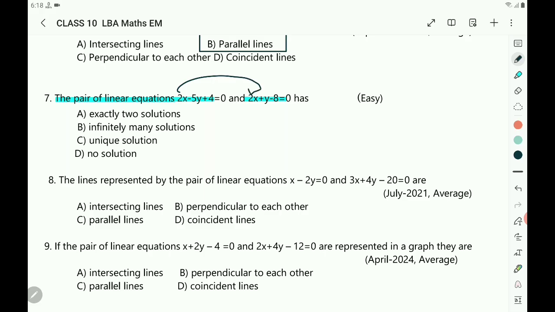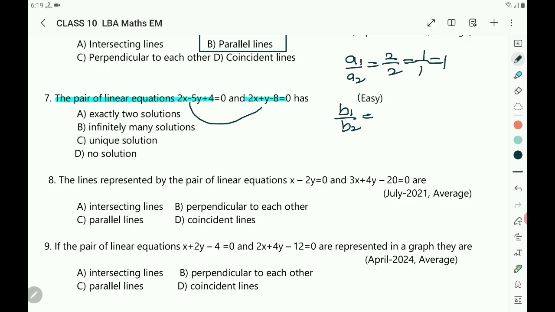A1 by A2 equals 2 by 2, which is equal to 1. Next, B1 by B2 is minus 5 by the coefficient of y, here 1. Minus 5 by 1 equals minus 5.